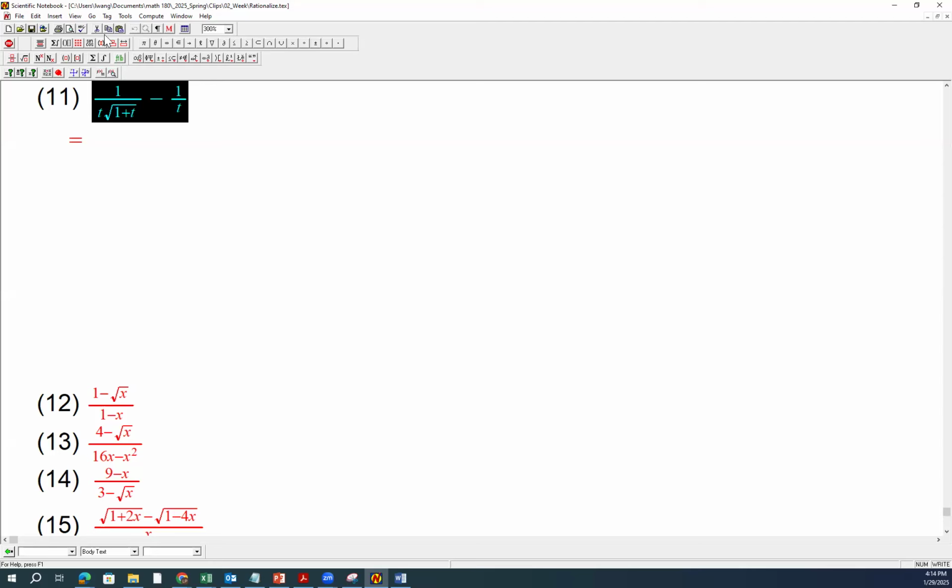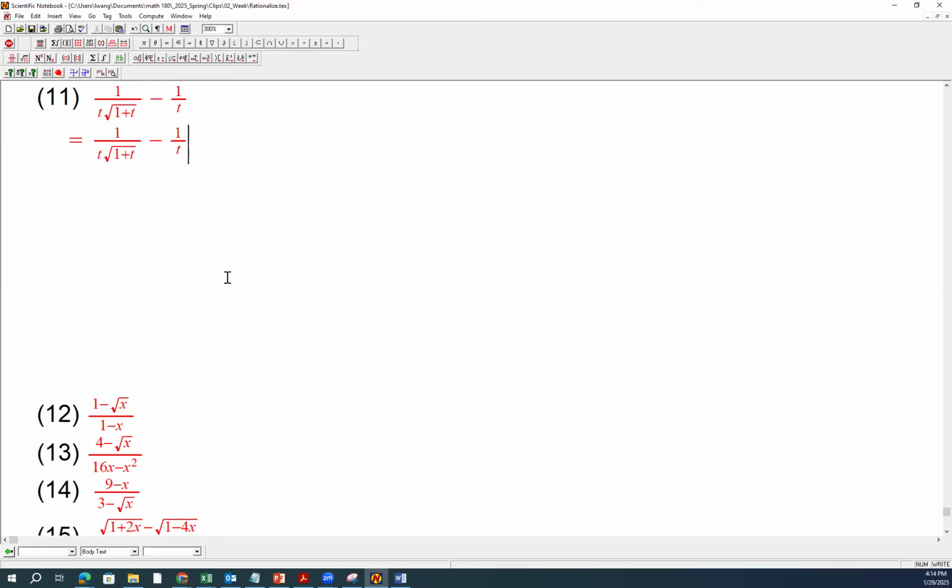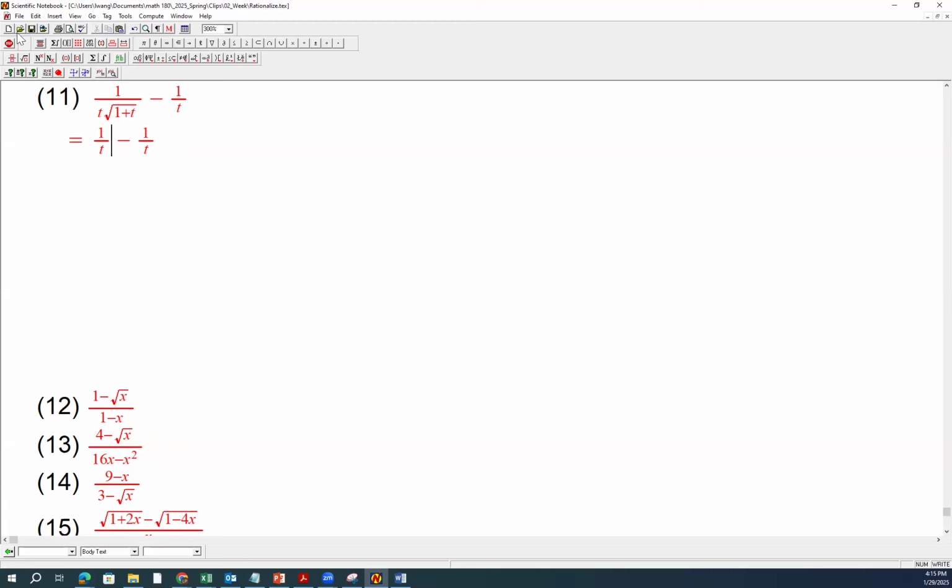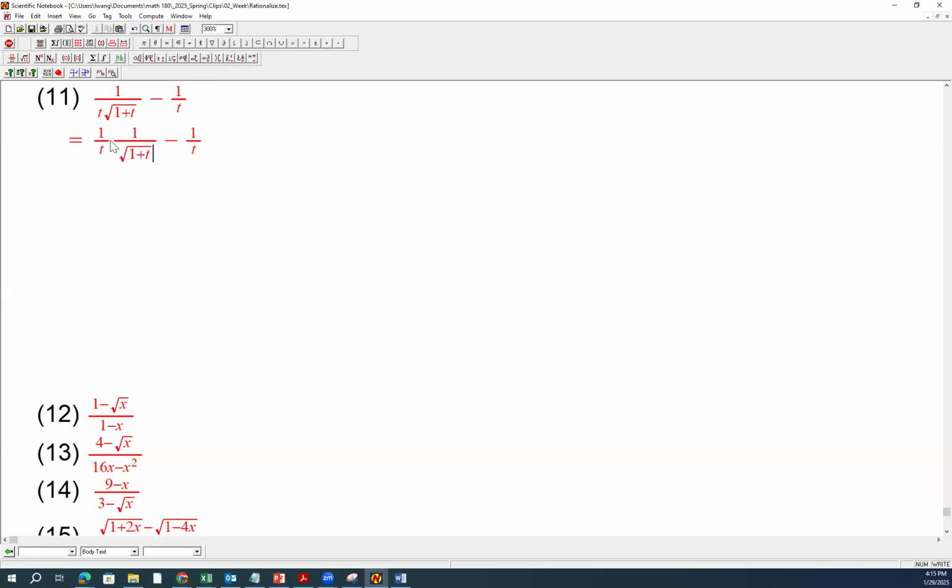The first part, 1 over t multiplied by root of 1 plus t, can actually be written in the following form. So these two are the same.